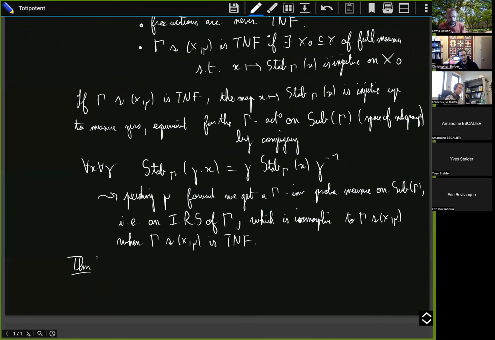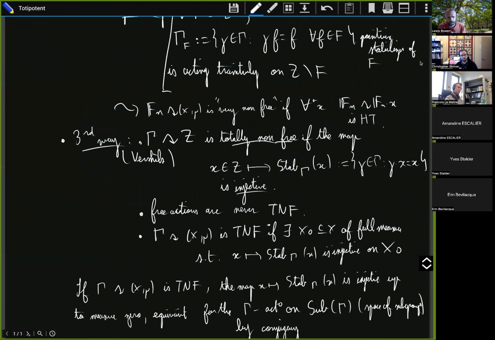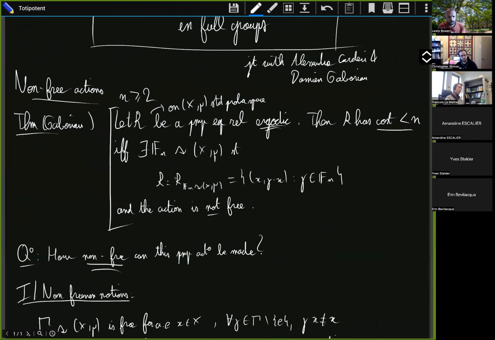And so the first theorem I wanted to mention is due to Lewis. If I look again at this statement of Gaboriau, here I can actually ask that my free group action is not only not free, but actually totally non-free.